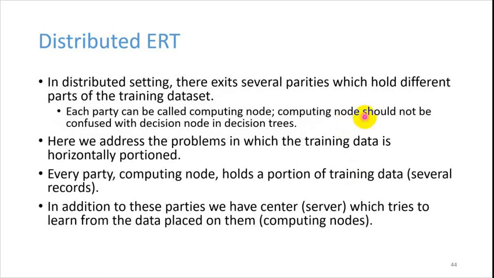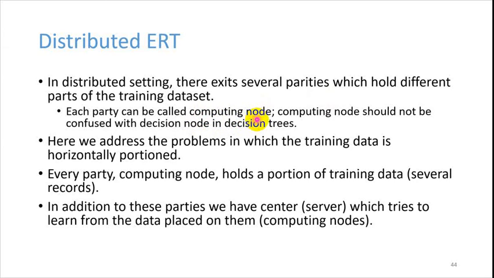So in distributed ERT, the data is distributed on different sources, and each source which has part of the data, several records of the data, can be called a computing node, or a party.